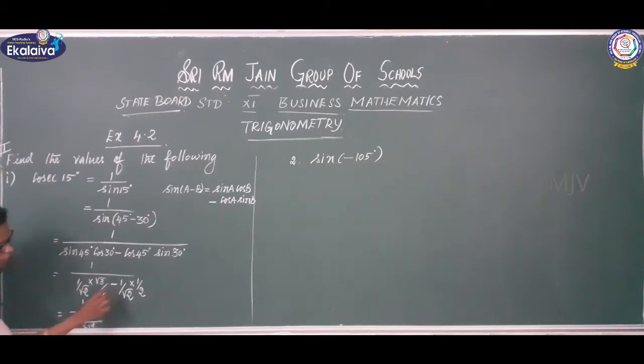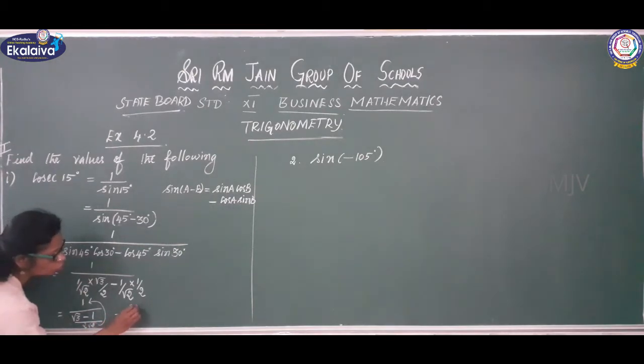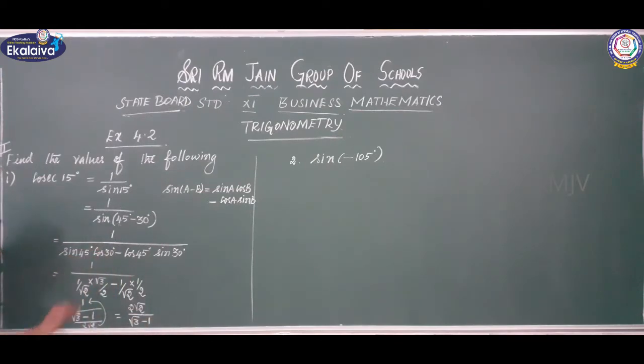If the denominator is a fraction, you should write it as a reciprocal. So what is your final answer? 2 root 2 divided by root 3 minus 1.